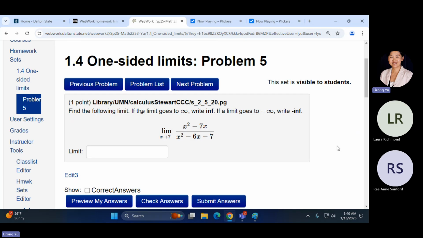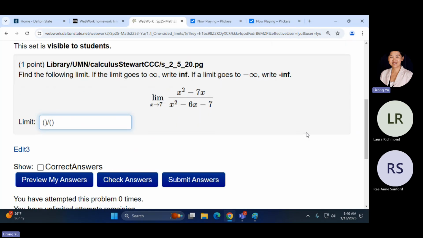For example, if I try to solve this question with numbers, I can try x approaching 7 from the negative side, which means on the number line, x is on the left of 7, so it's less than 7. We can choose an x value that is smaller than 7. Let's try to make x equal to 6.99.